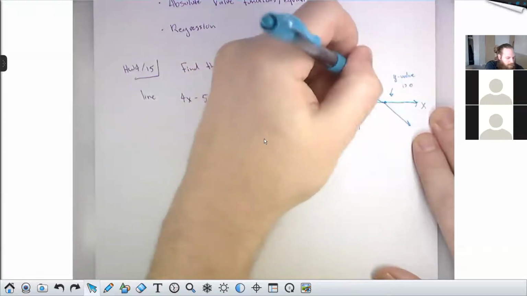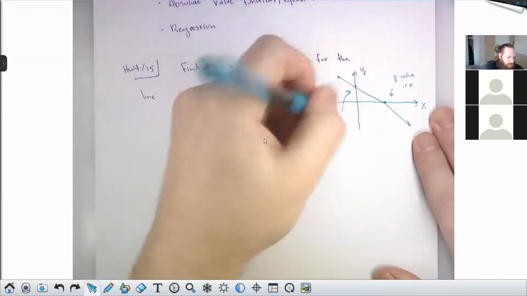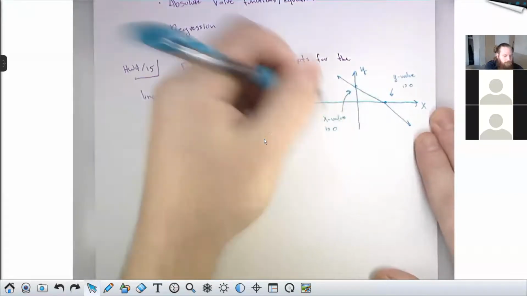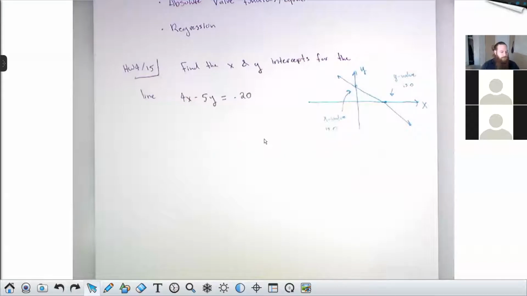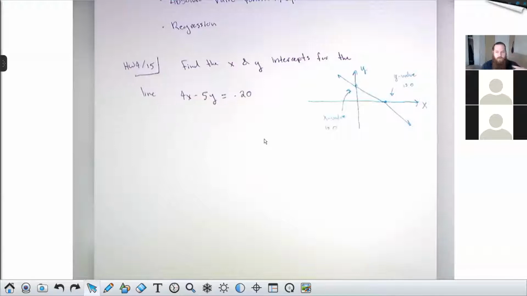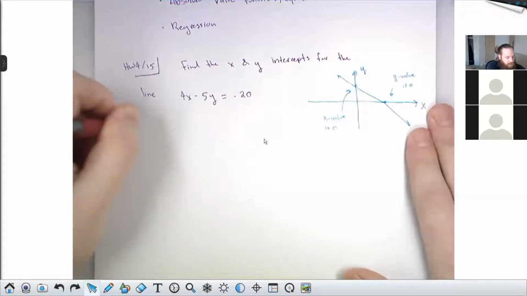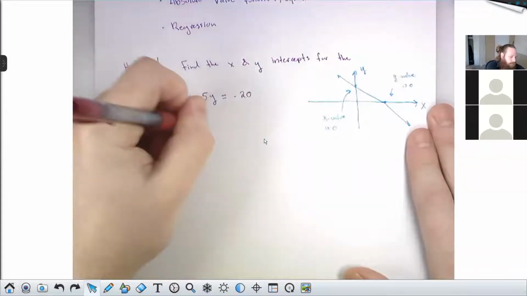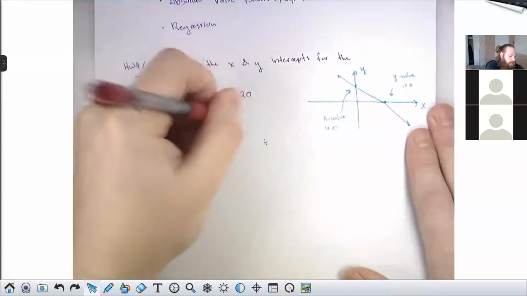And at the y-intercept over here, the x value is 0. So that means if you want to find an x-intercept, you need to set y equal to 0 and solve for x. If you want to find a y-intercept, you need to set x equal to 0 and solve for y. So finding the x-intercept, we set y equal to 0 and solve for x.